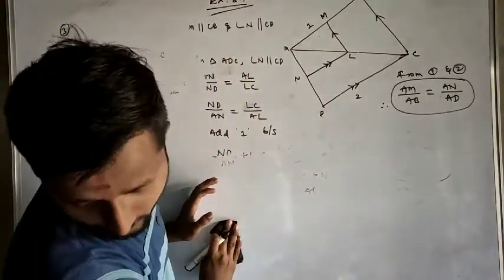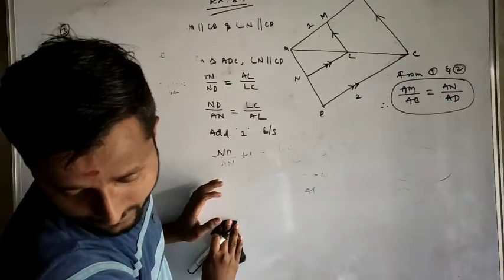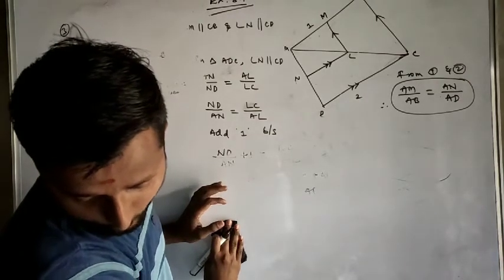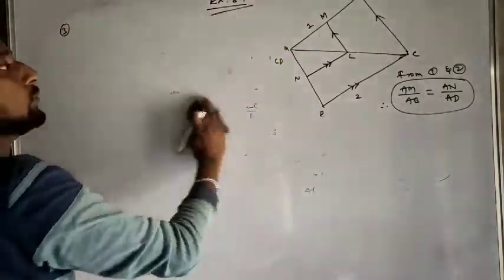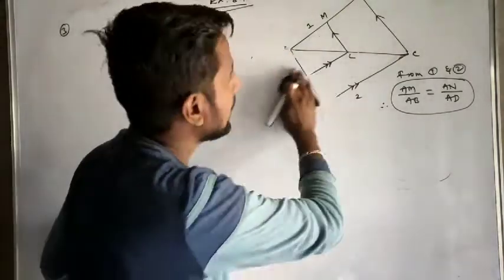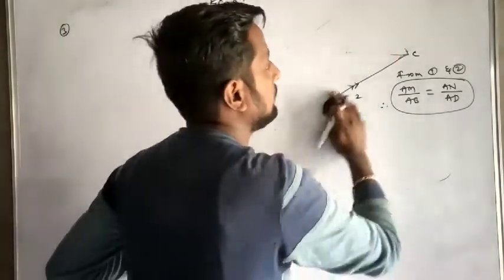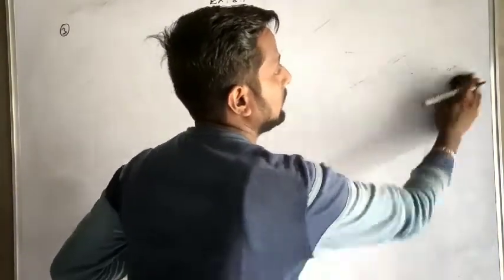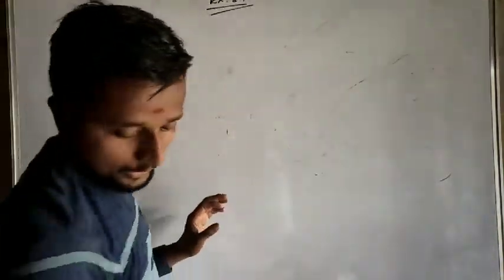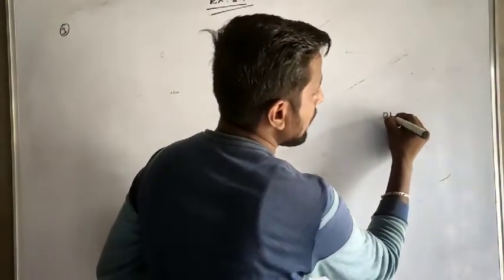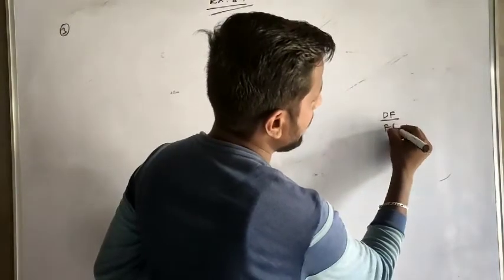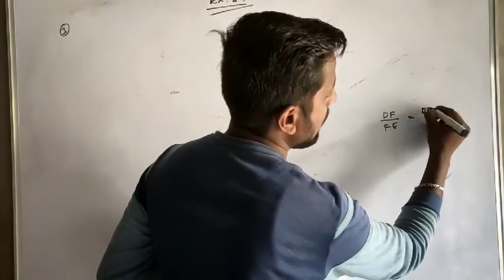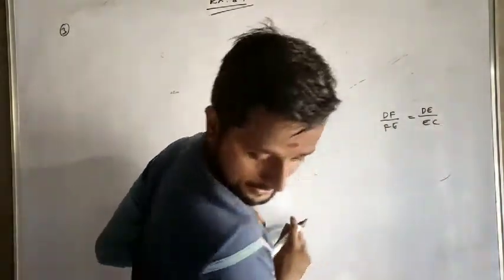In the given figure, DE is parallel to AC and DF is parallel to AE. Then prove that DF by FE is equal to DE by EC. We are required to show DF by FE and DE by EC.